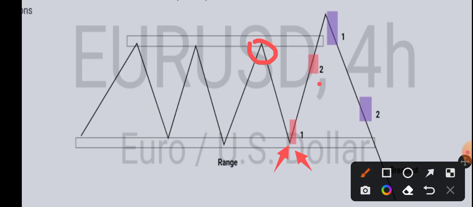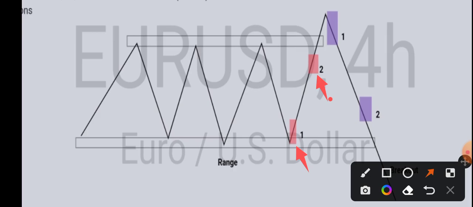This range is the range that caused this BOS. Are you getting me? So the two ranges are the first range, the range that caused the liquidity sweep, then the second range, the range that caused the BOS.